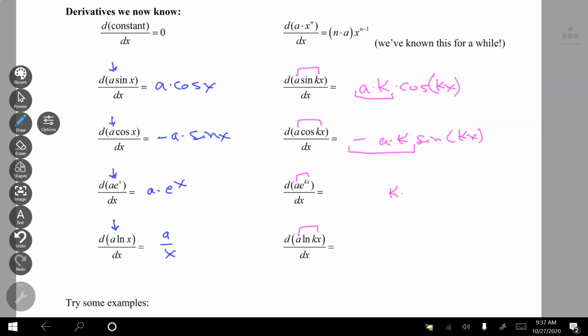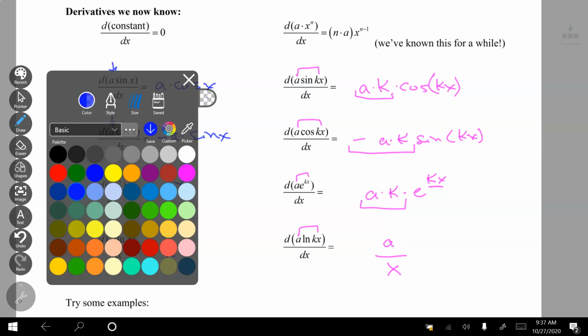This was k times e to the kx. Notice that exponent is the same, and this a goes in front. Now this k value didn't matter. This was just 1 over x before. But with an a in front now, it's a over x.